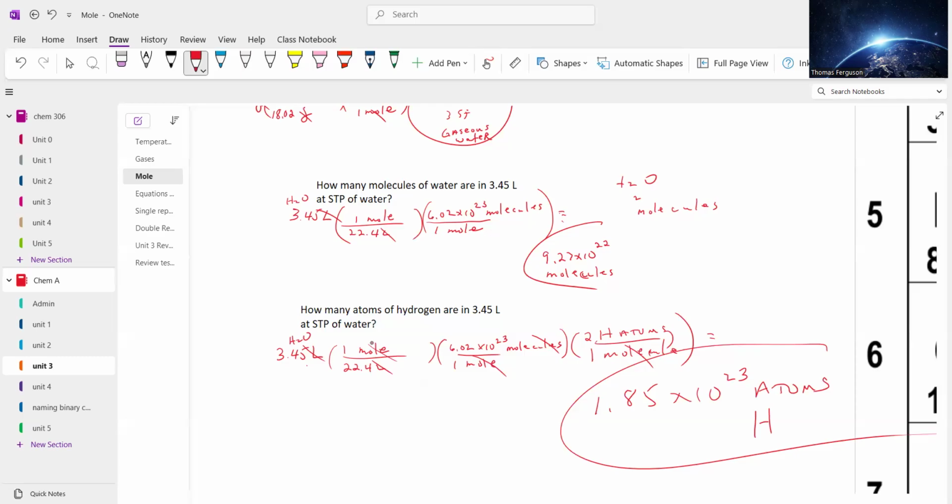So with just hydrogen, atoms and molecules would be the same thing, not 2 hydrogens. You take H2O apart. So we have 1 water.